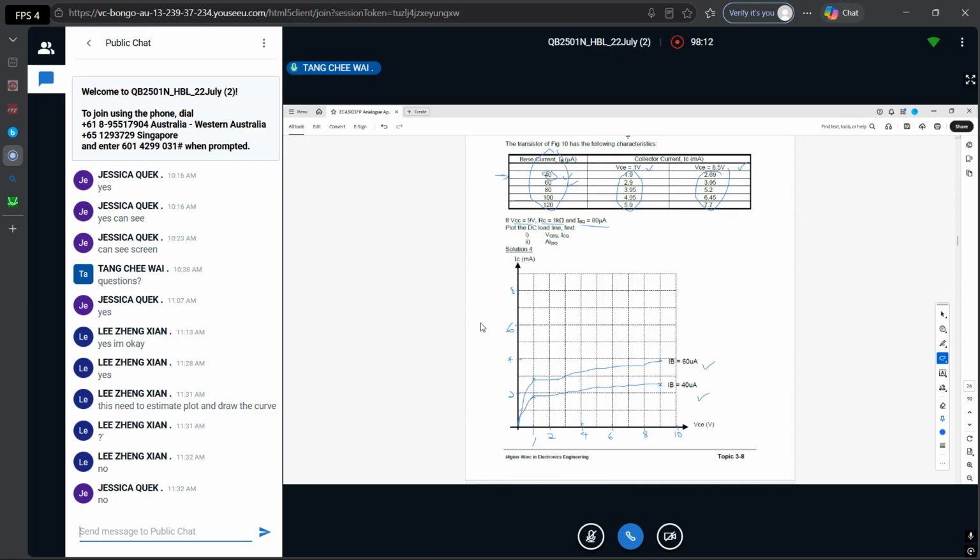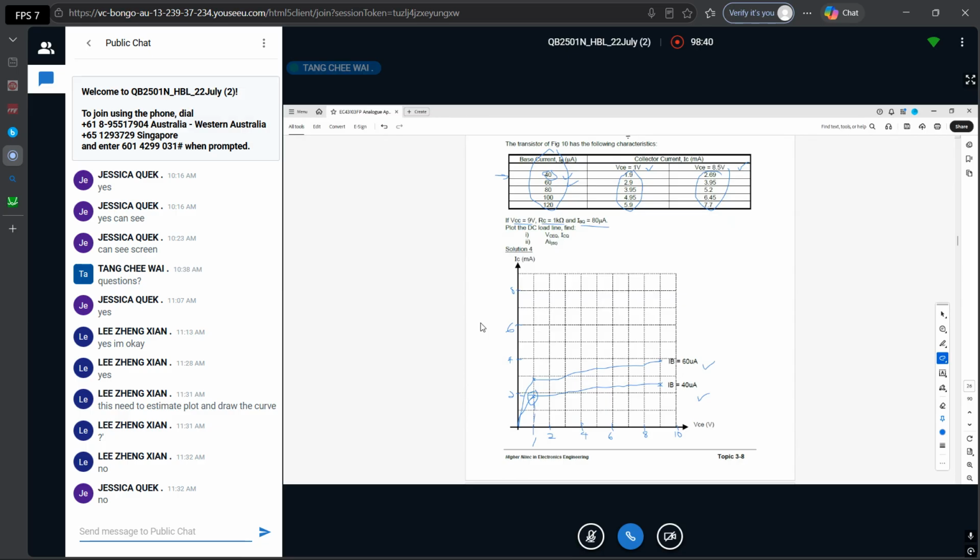I project the line here, and then since you tell me 1 volt, I project up. Sorry, I think I drew it wrong. Yeah, this will be my first point.